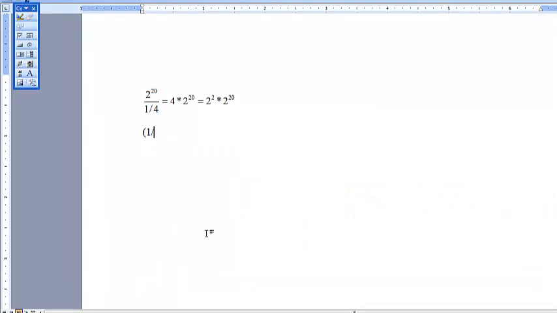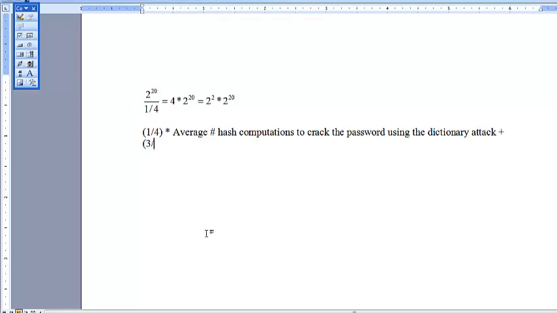You can search from the dictionary, right? So the average number of hash computations to crack the password using the dictionary attack, so that he can do with a probability of 1/4, and then with 3/4 probability to crack the password using a brute force attack.